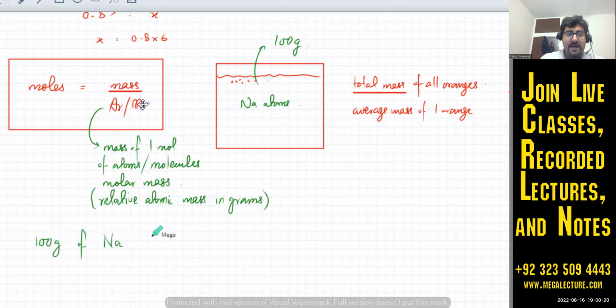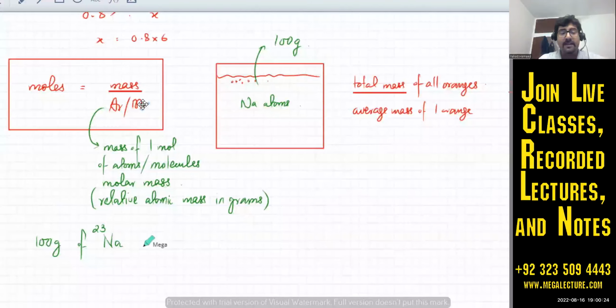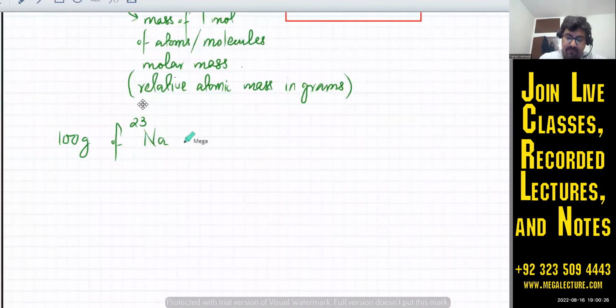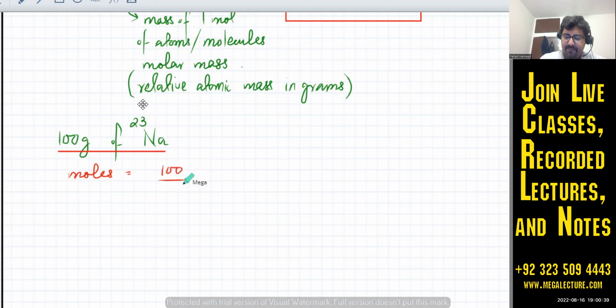I've got 100 grams of sodium, and sodium has a molar mass of 23. So all I need to do is find moles. Moles is mass, which is 100 grams, divided by 23.